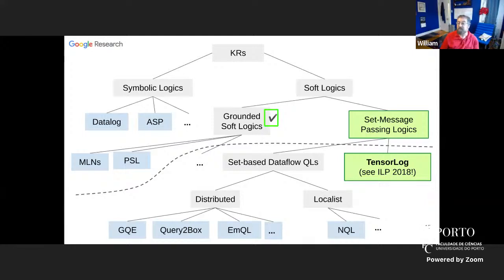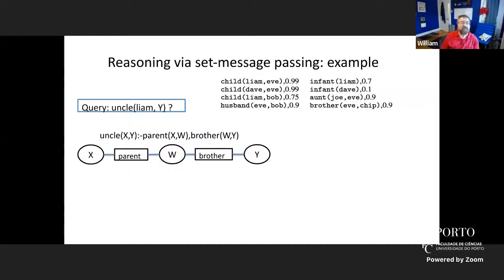A few years back, I started looking at an alternative way of formalizing logics, which is based on message passing, where the messages are actually soft sets. Just to give you a brief idea of how this works, let's imagine I've got this one clause logic program, and I've got a query: who is the uncle of Liam?